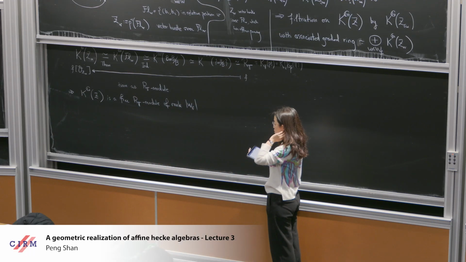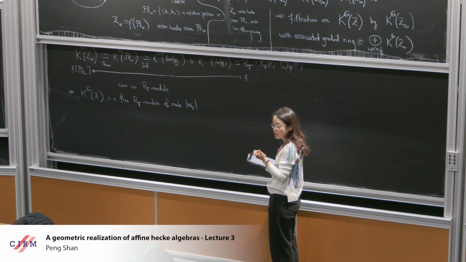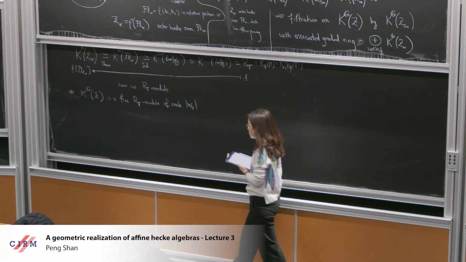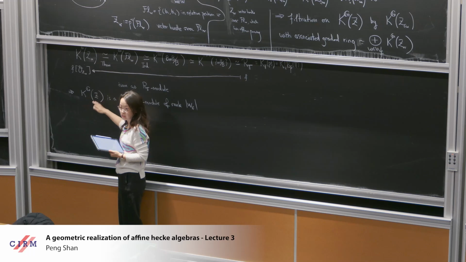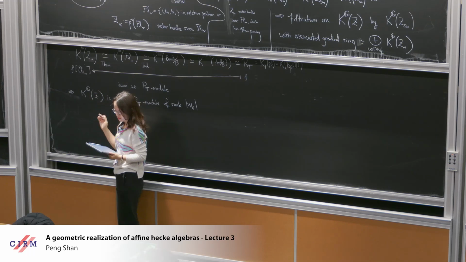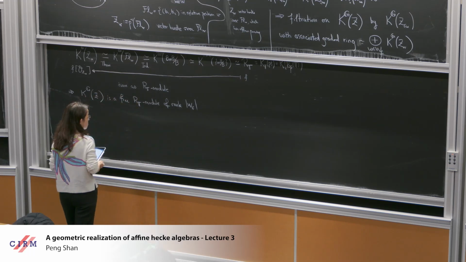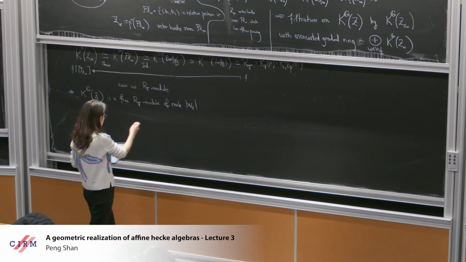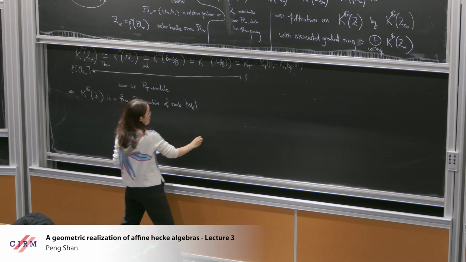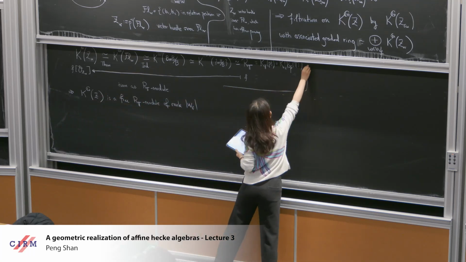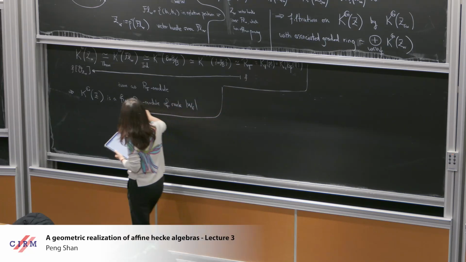For this purpose, you need to compute explicitly how some generators of this algebra act on the polynomial representation. So you need some tools to compute with this equivariant K-theory, and the tool we're going to use is the so-called localization theorem.